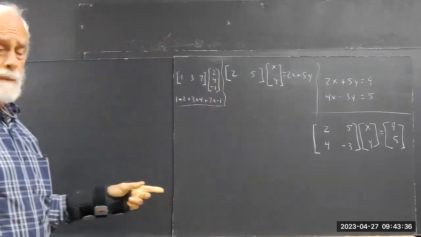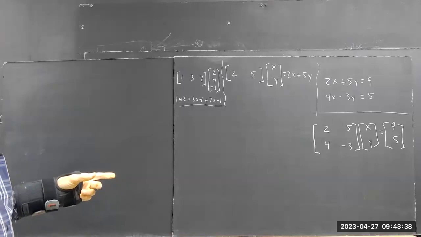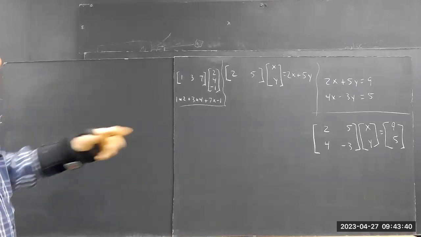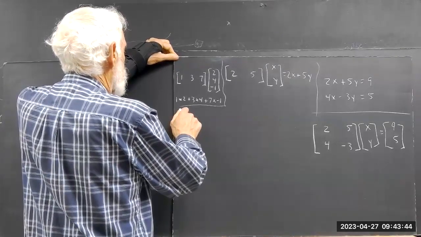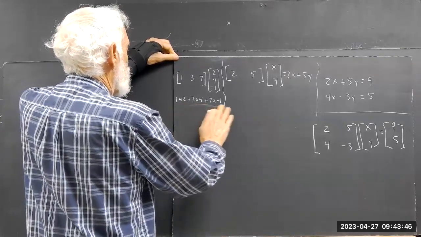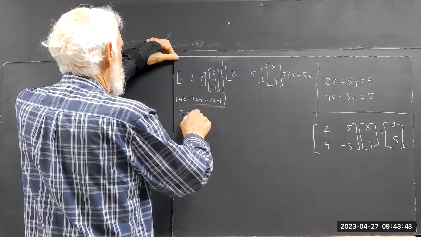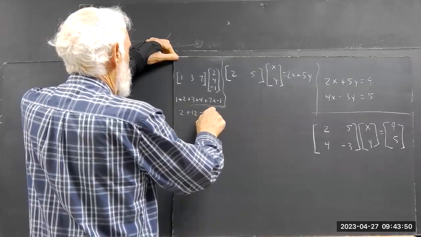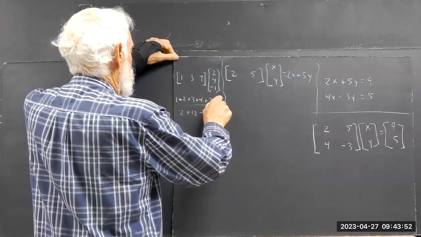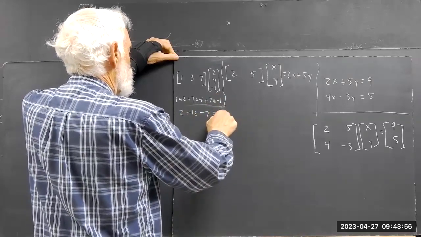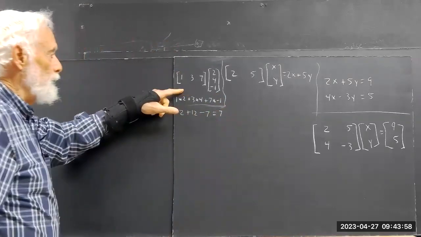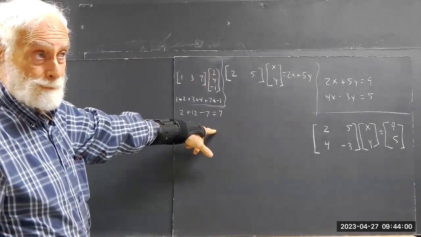Did you read that okay? Written kind of small. Then, of course, that's going to be 2 plus 12 minus 7, which equals 14 minus 7. That's going to be 7. The result of this would be 7.